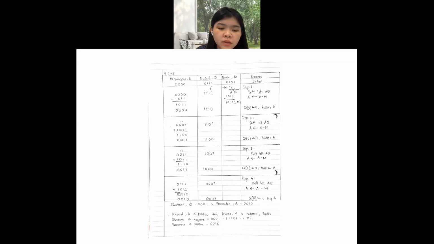As the sign of the accumulator is 0, we put the 1 in the last position. So Q becomes 0001 and we keep the A value, which is 0010. So our quotient will be 0001 and our remainder will be 0010.